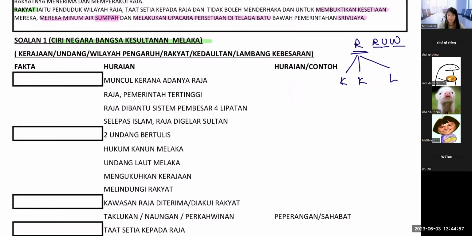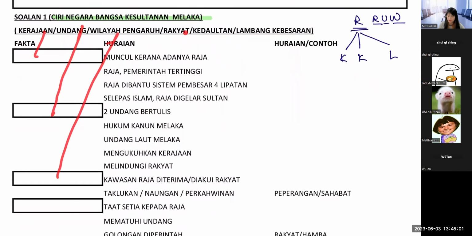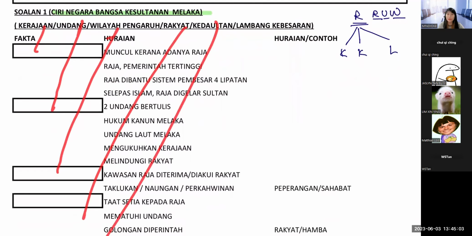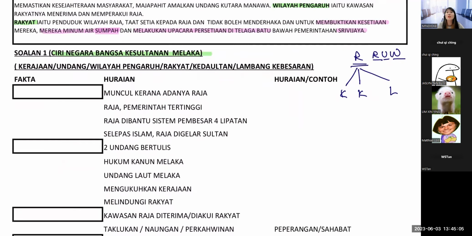So the first one, again, follow the sequence. And then accordingly, you remember the 4-point marks. For structure, maximum answer is 4 marks, right? So then your first one is Kerajaan. According to Kerajaan, Melaka muncul kerana adanya raja.